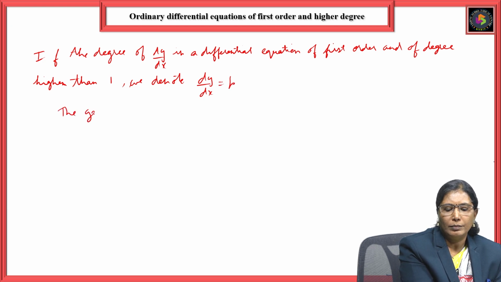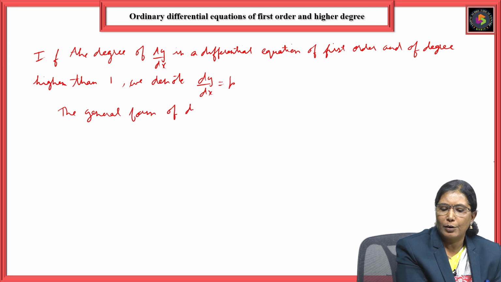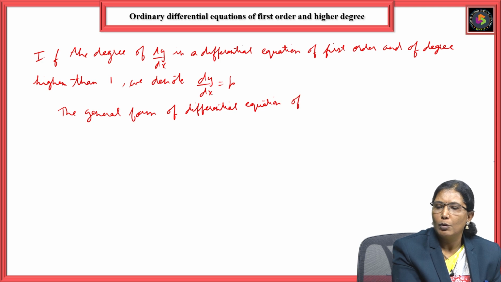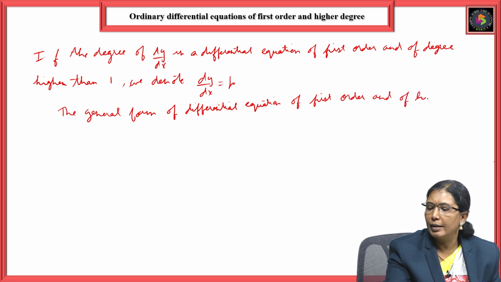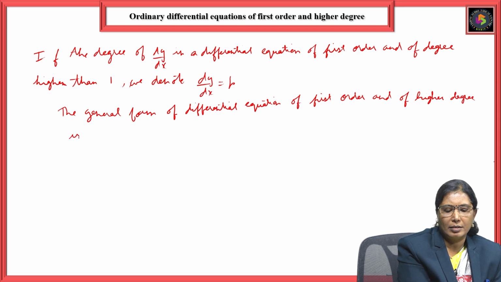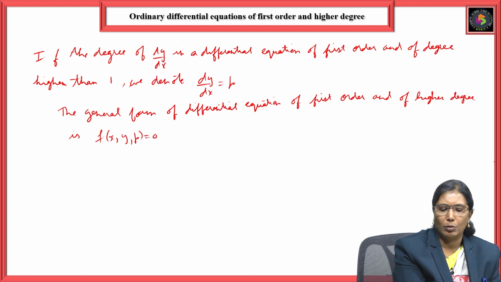The general form of a differential equation of first order and of higher degree is f of x, y, p is equal to 0, where p is equal to dy by dx.